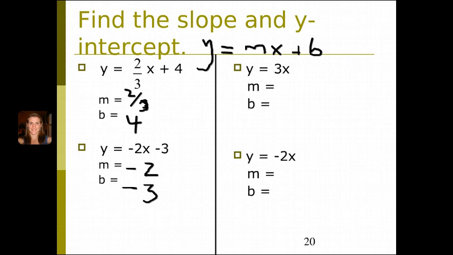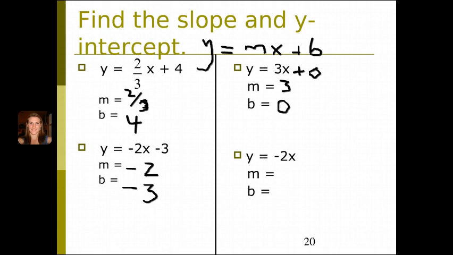The third equation, y equals 3x, you'll notice there doesn't seem to be a y-intercept there, but there is. The additive identity property allows us to know that when you're adding 0, you don't necessarily have to write it there. So our slope is 3, and the y-intercept is 0.